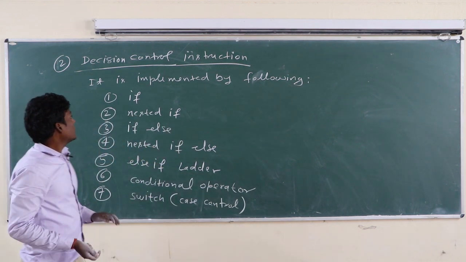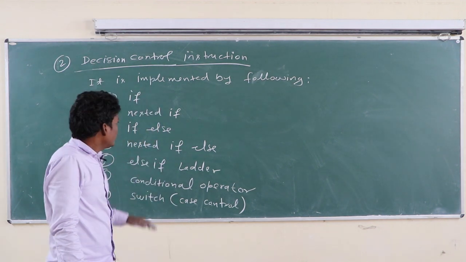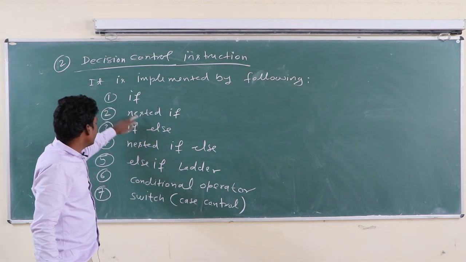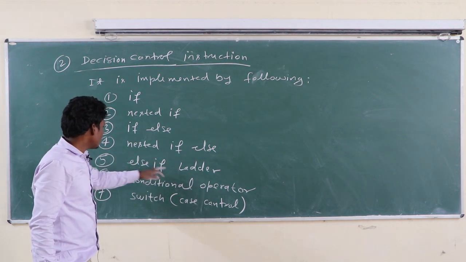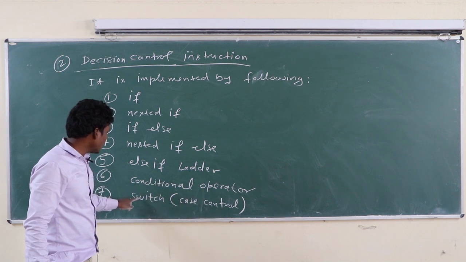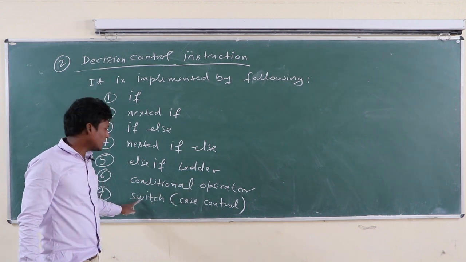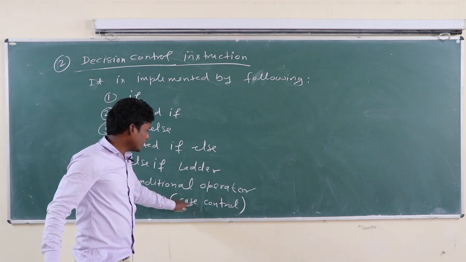So class, decision control instruction is implemented by the following 7 ways: if, nested if, if else, nested if else, else if ladder, conditional operator which is called ternary operator, and switch case control.